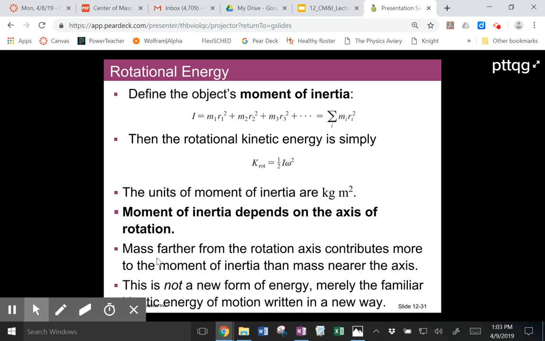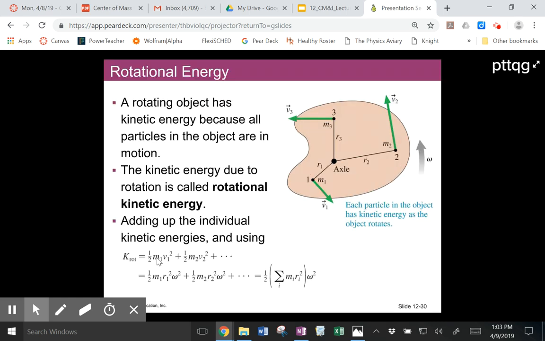Where does the equation for moment of inertia come from? How do you get that? So that's coming from here. Like in regular kinetic energy, it's 1/2 the mass times the velocity squared. But because we're dealing with it rotationally, in place of v, we're substituting in r omega. It's equivalent.